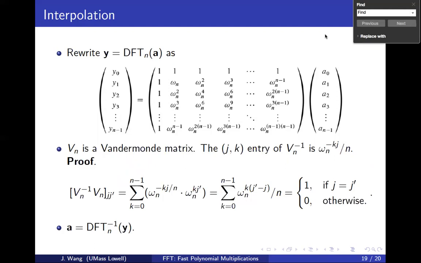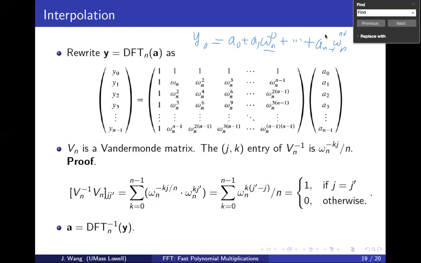Okay, for instance, when you have omega_n^0, which is 1, that gives you y0. That's a0 plus a1 omega_n^0, up to a_{n-1} omega_n^{n-1}.